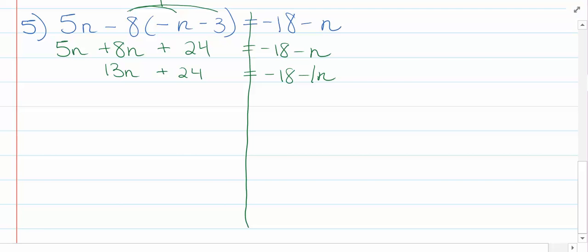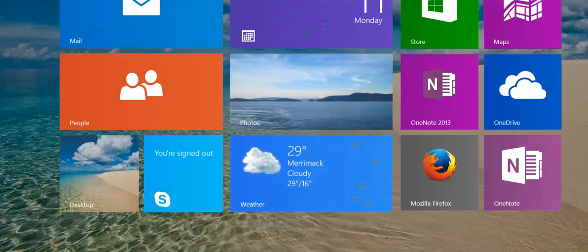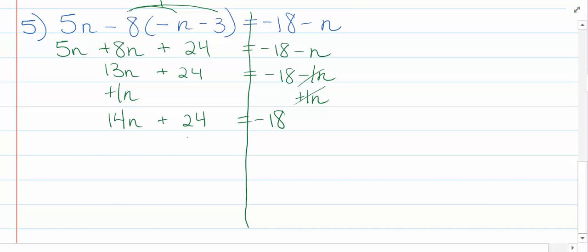And I want to get my variables together just overall in the equation, so I'm going to go ahead and add 1n to both sides. So now I have 14n plus 24 equals negative 18. I want to get my variable by itself, so I'm going to go ahead and subtract 24 from both sides.